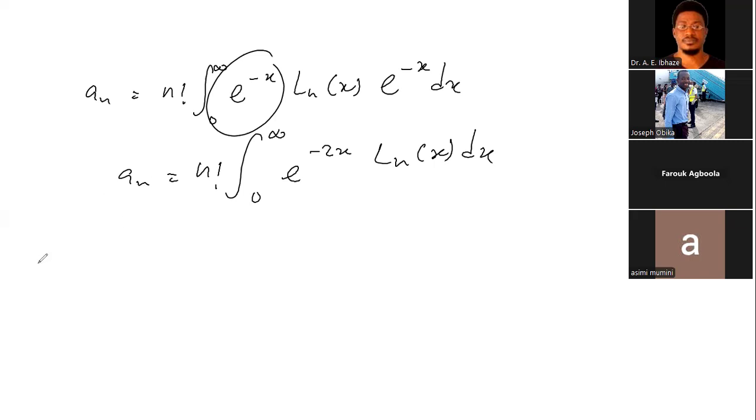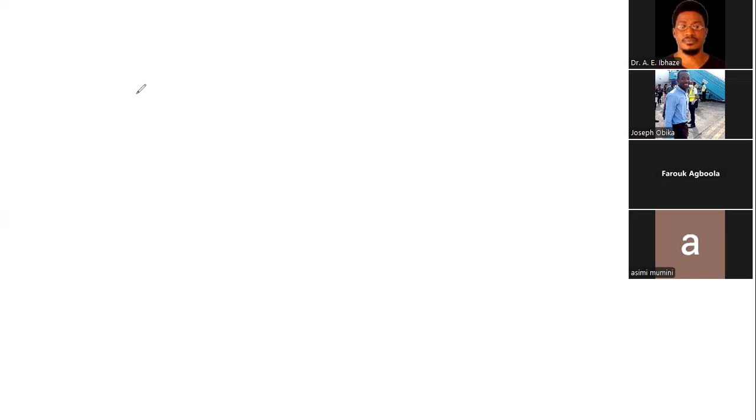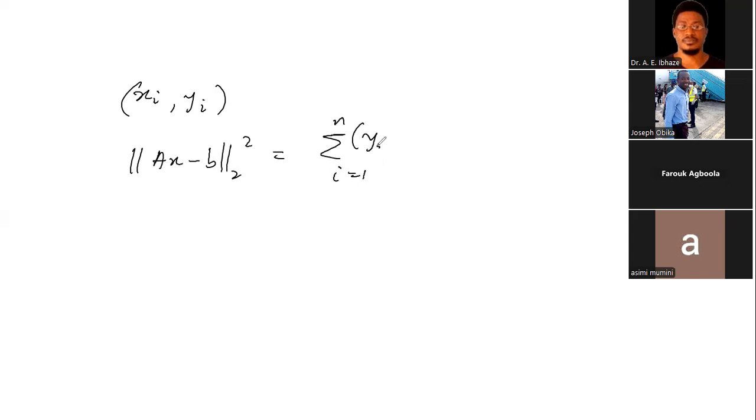So if, for instance, we have a data set x sub i, y sub i, here the least squares solution will minimize the error such that the norm of Ax minus b squared will give us sigma i equal to 1 to n of (y sub i minus p of x sub i) squared, which is the least squared error.